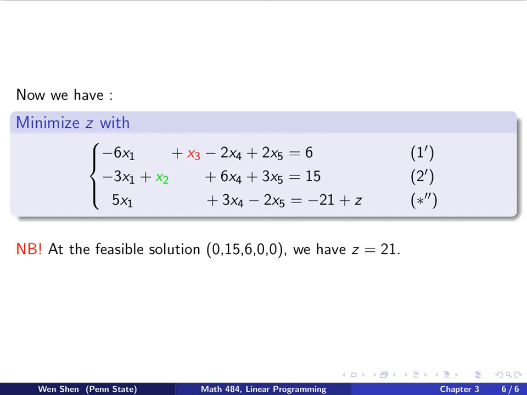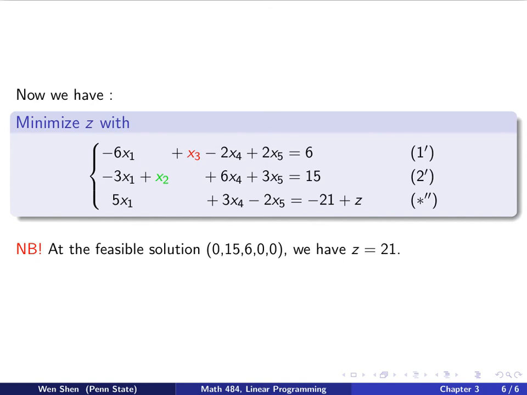Okay, so now we know if we have things in this expression, this linear programming problem satisfies the definition of the canonical form of a linear programming problem. Okay, so once it's expressed in a canonical form, then it is very easy to find out the basic solution and the optimal value.